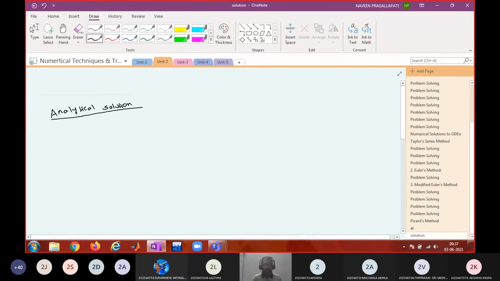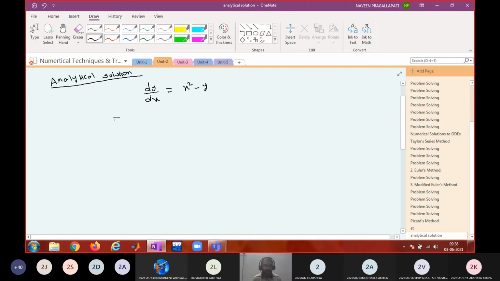So what is given? dy by dx is equal to x square minus y. Okay, so can you integrate this? What is dy by dx plus y equal to x square, which is linear.